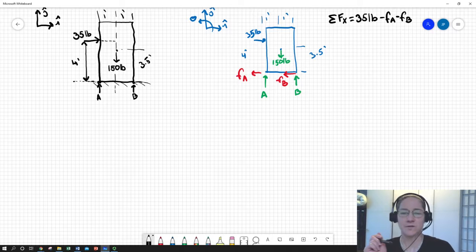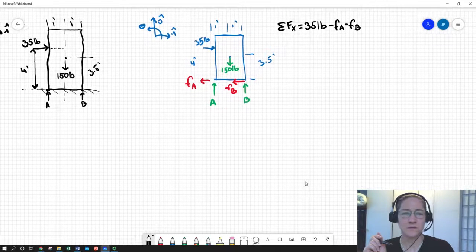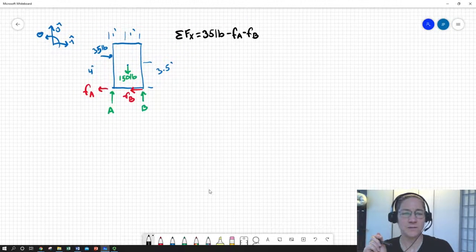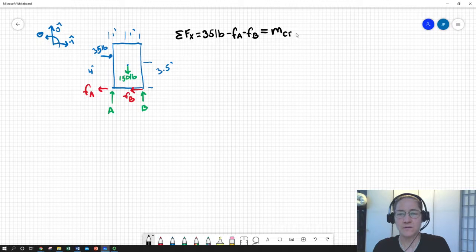All of that is going to equal, we don't need this schematic anymore, I can just move this over here. All of that is going to equal the mass of the crate times the acceleration of the crate's center of mass in the x direction.